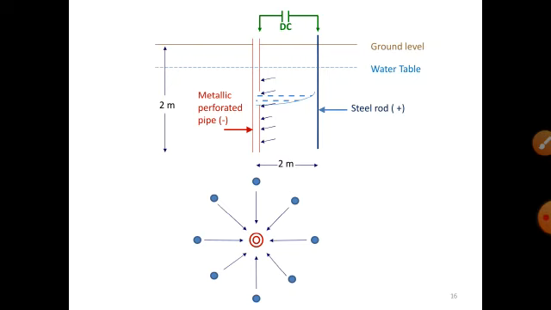In this way, the water flow direction is from surrounding steel rod to metallic perforated pipe in center, and the water collected in perforated pipe is pumped out. In this way, electrical stabilization is performed.